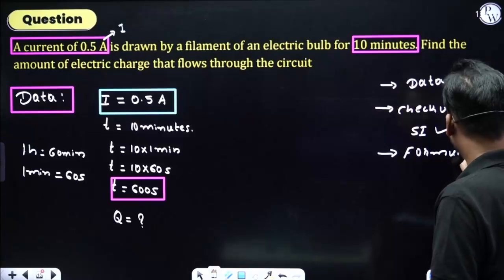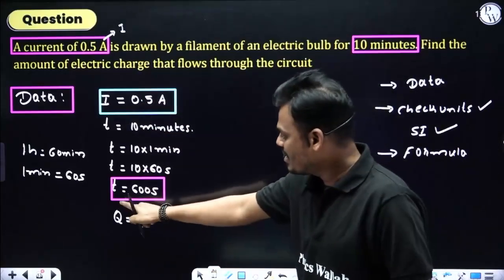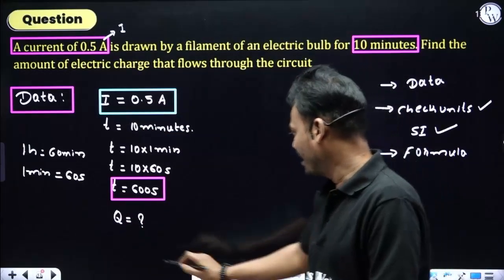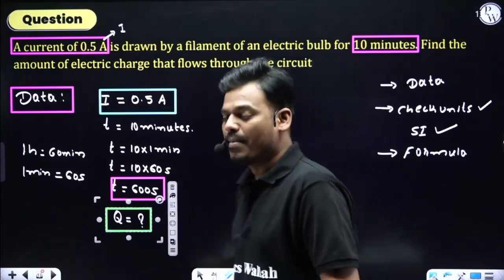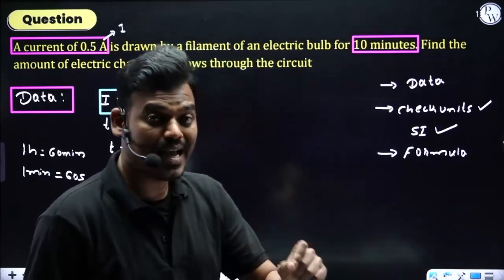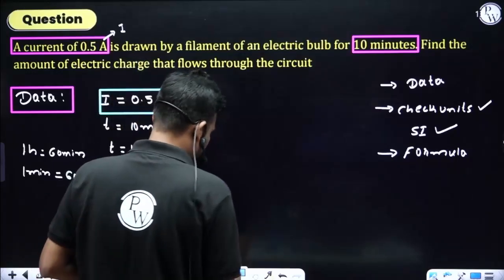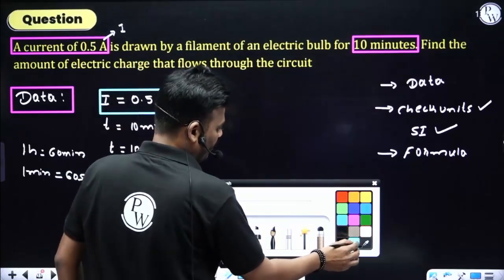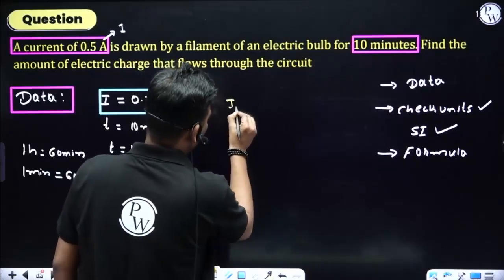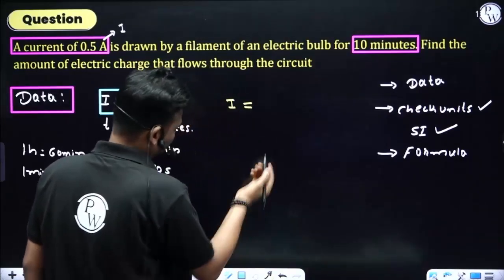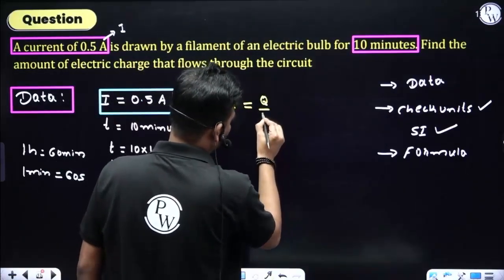Formula means the relation between I, t and Q. By the definition of current, we have a mathematical relation: I equals Q divided by t.